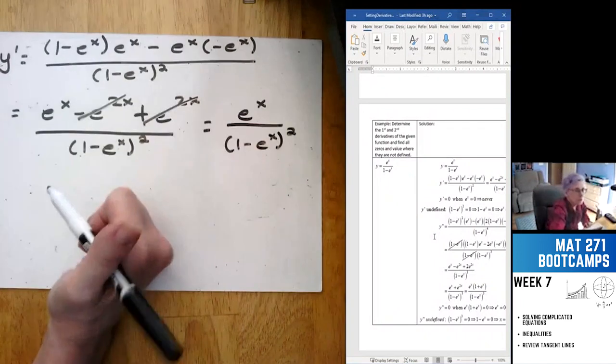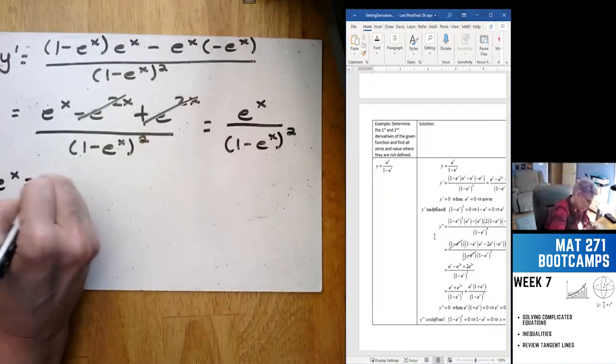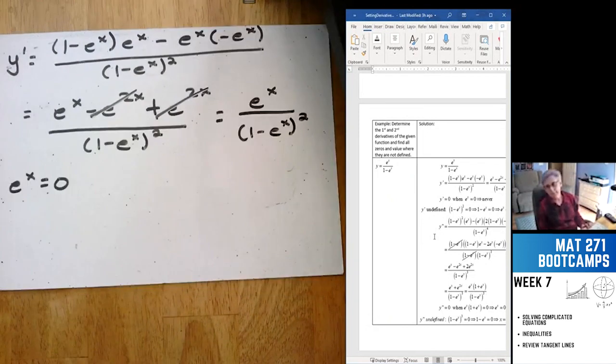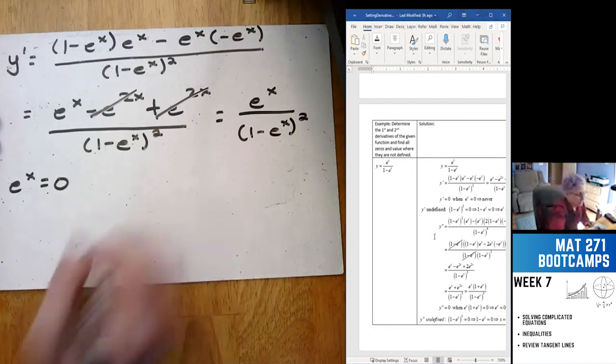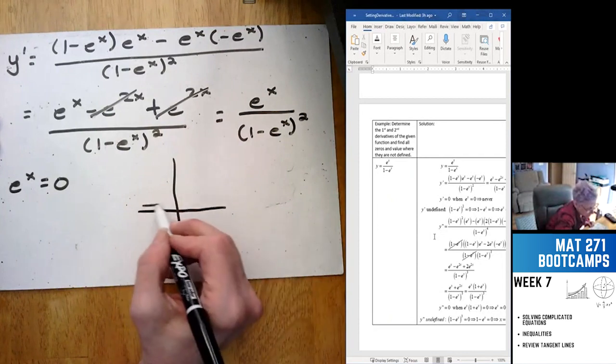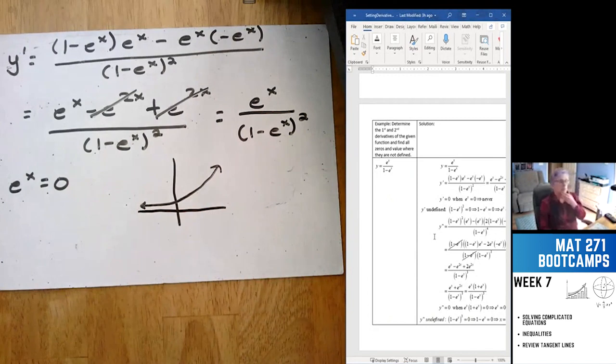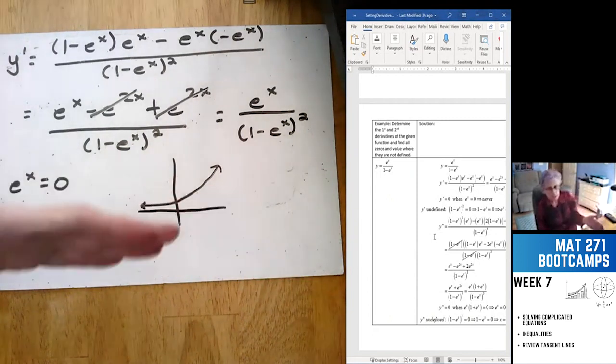So this is going to be equal to 0 when e to the x is equal to 0. When is e to the x equal to 0? E to the x looks like this. It lives completely above the x-axis.